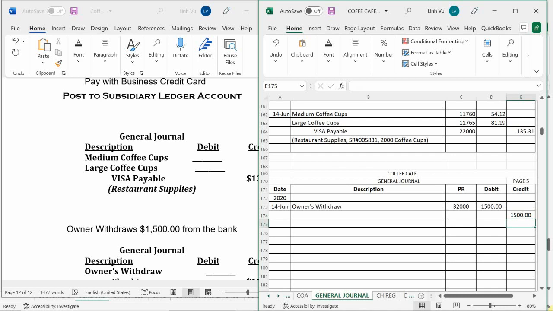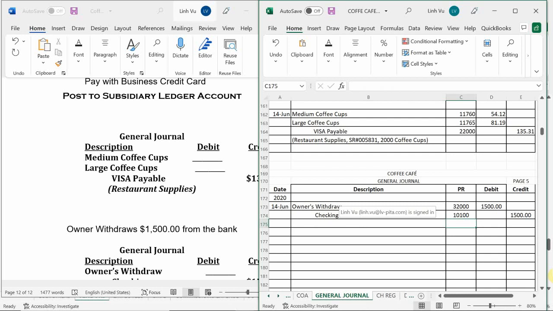So that's why I'm debiting my owner's withdrawal, because I'm taking money away from the company, right? Second of all, I'm also decreasing my checking account, right? How am I supposed to give the money from the bank? Now, what is the most proper way to do this? Is he just going to go to the bank and just pull out the money?